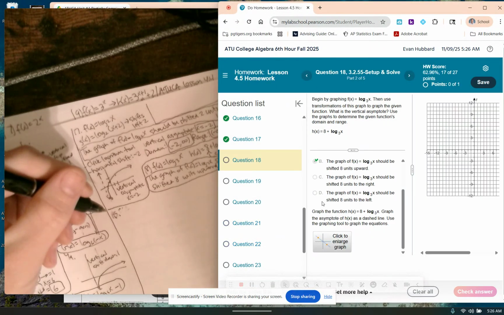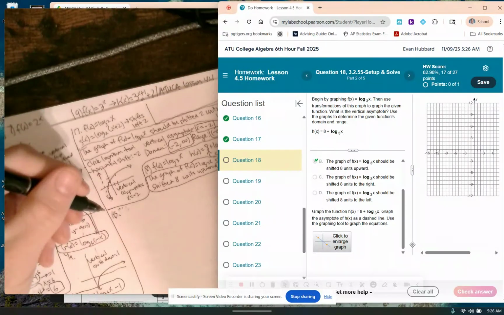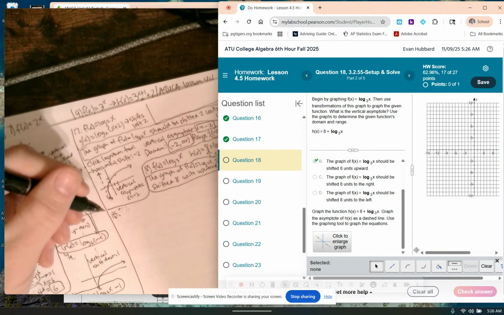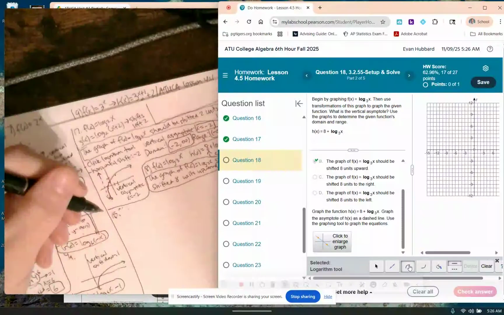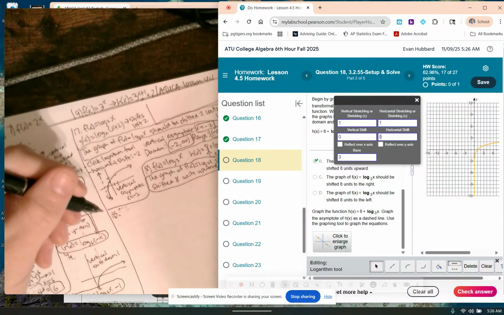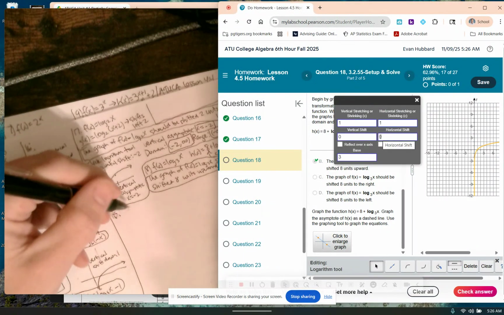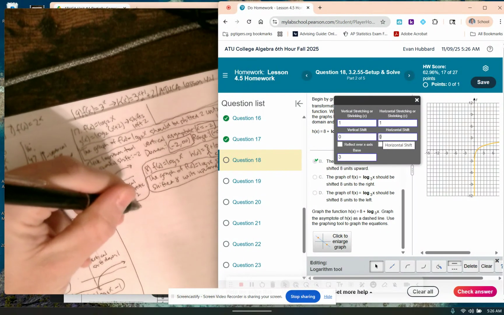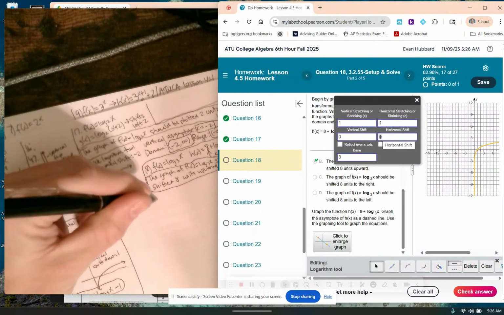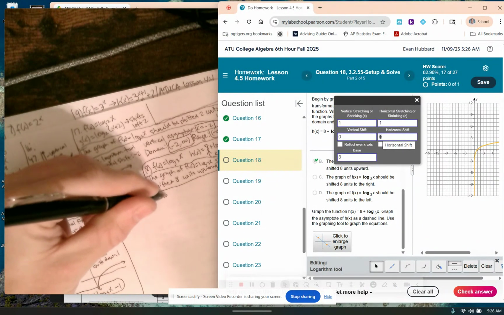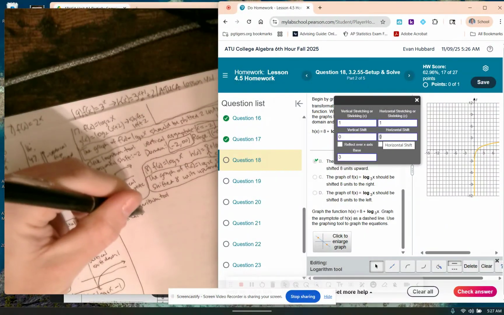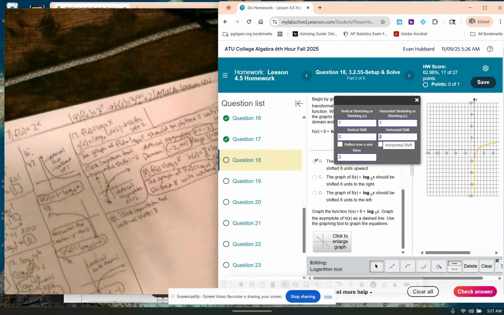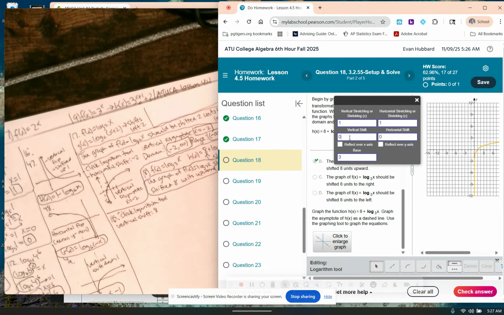We're going to graph it. As we graph it, let's go ahead and click on the graph and go to the logarithm tool. It's going to be a vertical shift of 8.